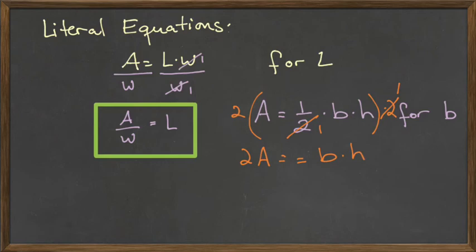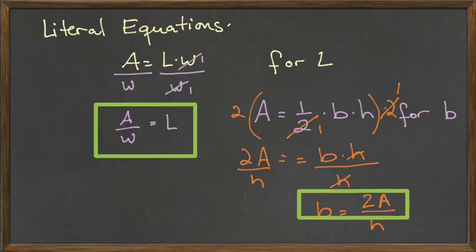So now again, it's kind of easy pickings. We divide by everything that's not a b, which is an h, and we're done. b equals 2a over h. Done. You are off you go. Next problem we do.